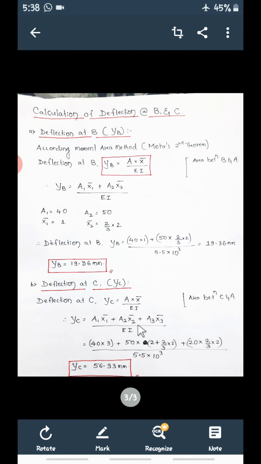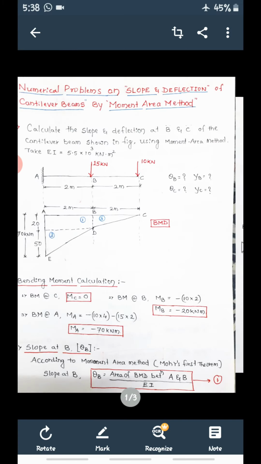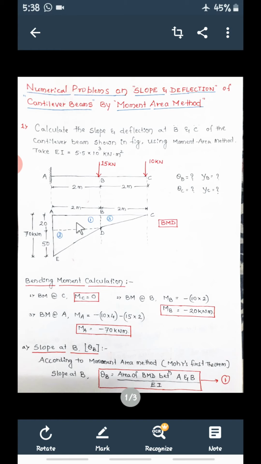So the deflection at C will be A1, already calculated as 40, into 3. The 3 means from C. The centroid of this rectangle is 1 meter from here to here, but we are measuring from C, so it is 2 plus half of this 2, which is 1.